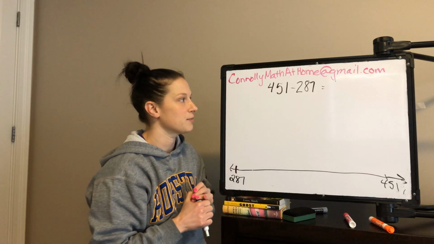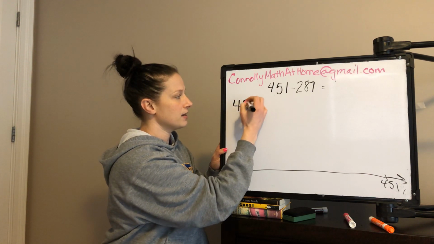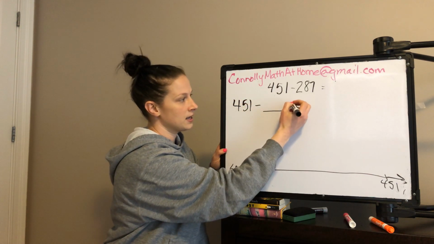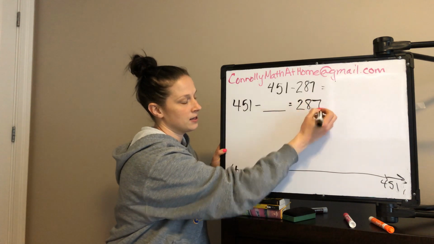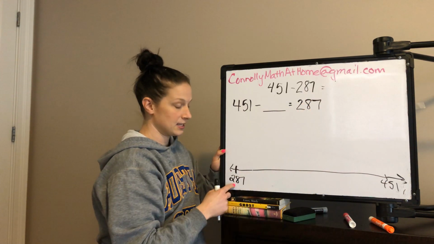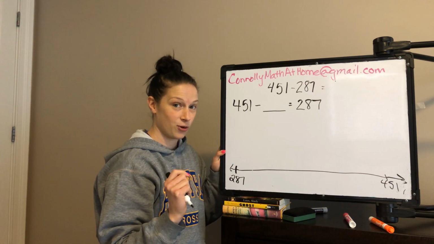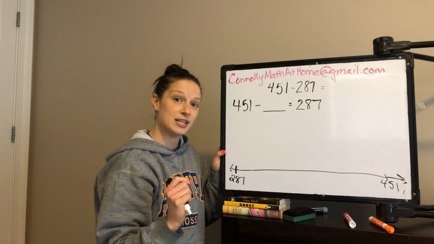So there's another way we can think about this equation. Well, there's two other ways. We can think about it as 451 minus what gets us to 287. So 451 minus how much will land us at 287? Or a really fun strategy for subtraction is to use adding up.